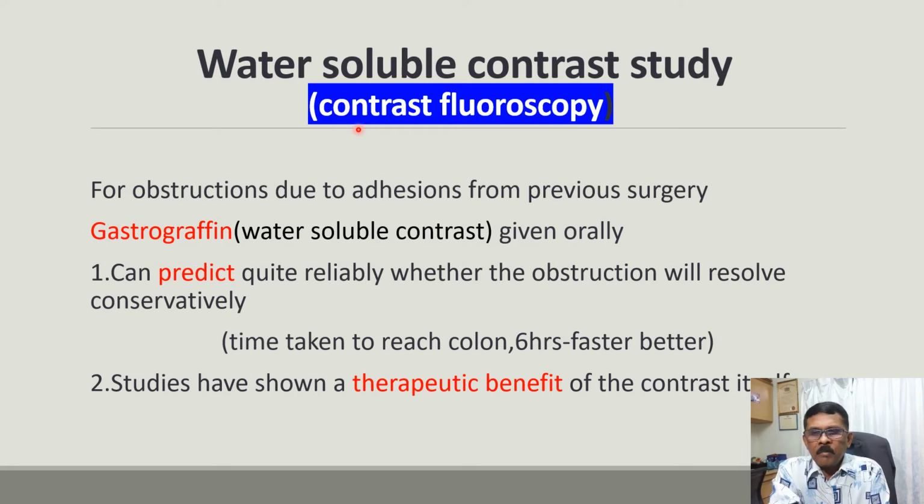The solution that is used is known as gastrografin, which is water soluble contrast, given orally. Once given orally, it has two functions. It can predict quite reliably whether the obstruction will resolve with conservative treatment. And this is done by checking the time taken for the oral contrast to reach the colon.